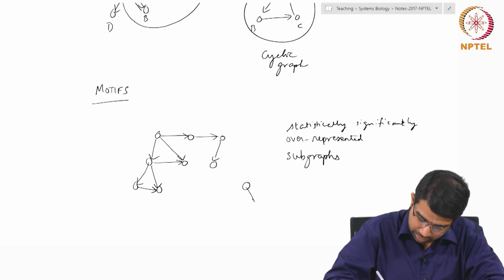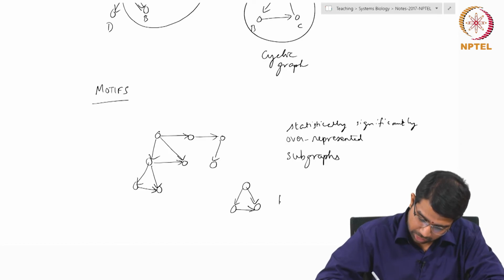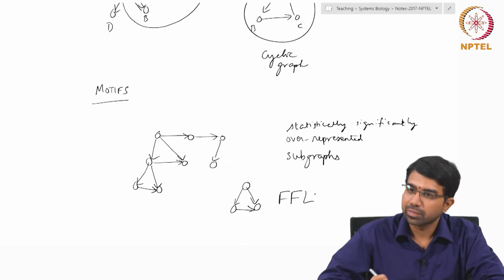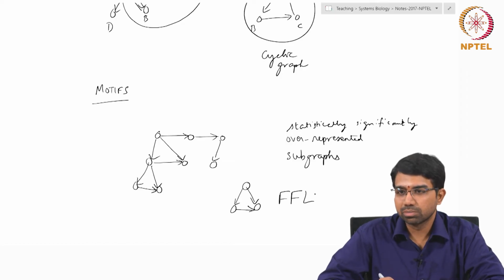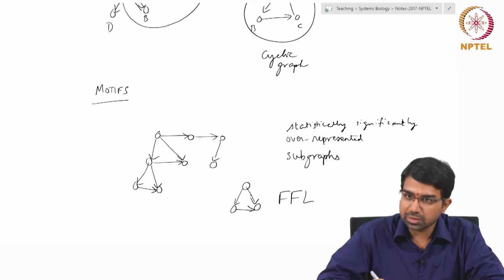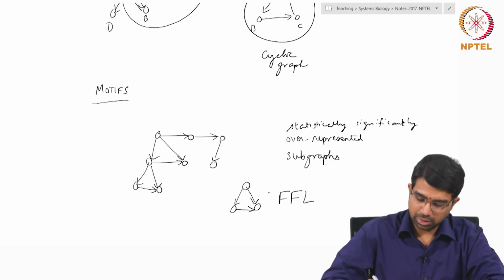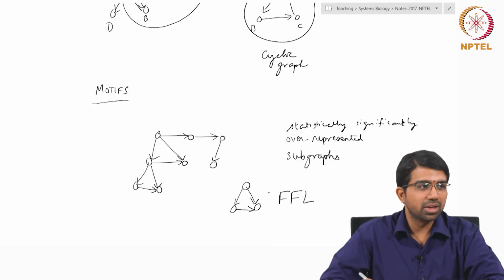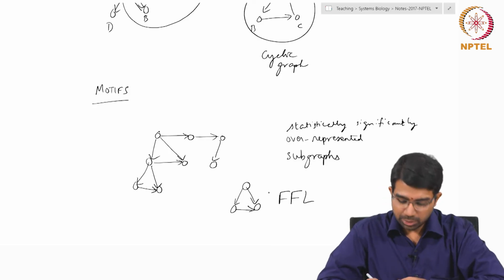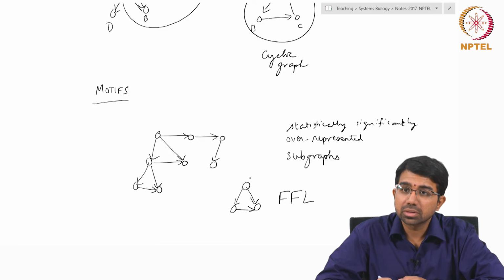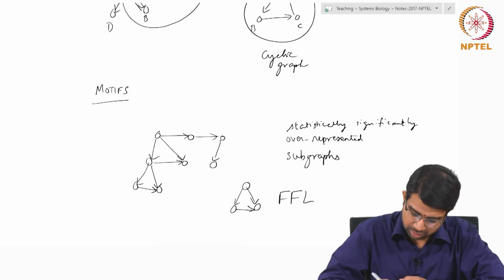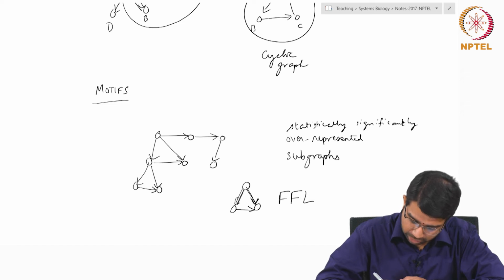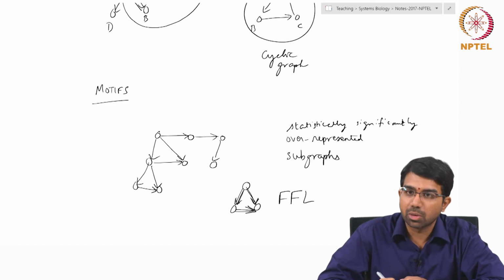This is actually called a feed forward loop, right. This basically is feeding forward, and you can also call it a coherent feed forward loop. There is a link like this, and there is also a link which feeds forward, direct and indirect.